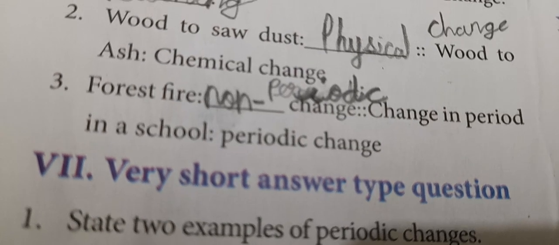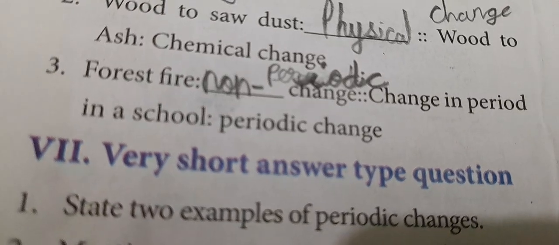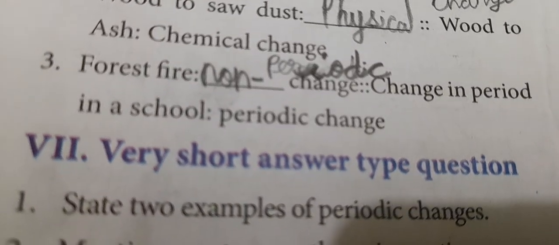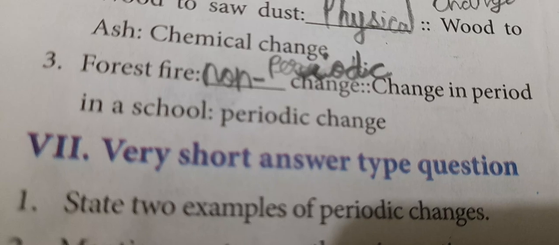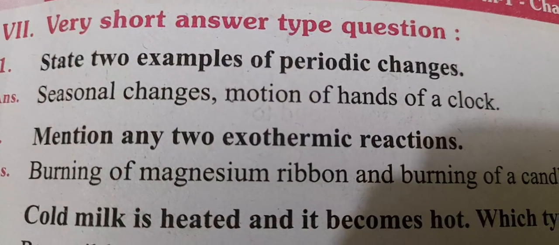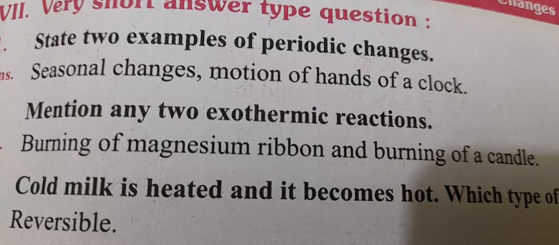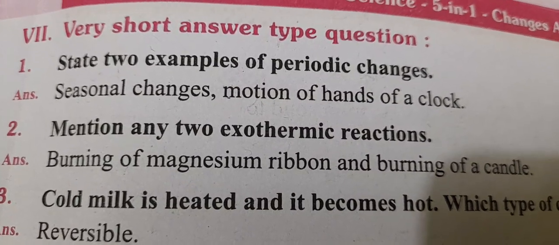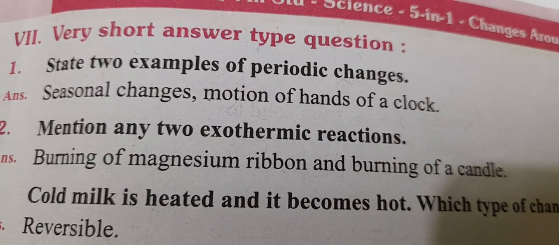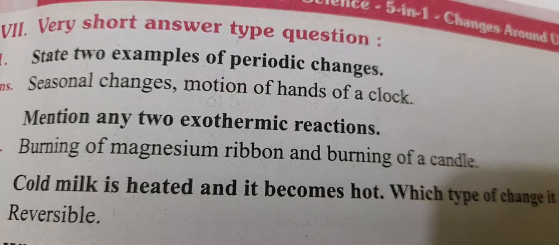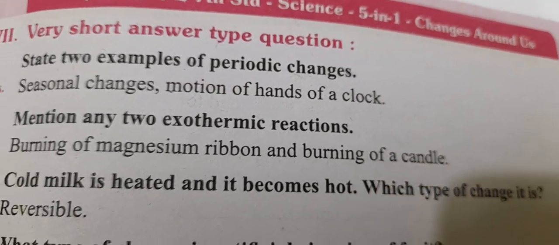Seventh, very short answer type questions. First question, state two examples of periodic change. Seasonal change, motion of hands of clock. Second question, mention any two exothermic reactions. Burning of magnesium ribbon and burning of candle.